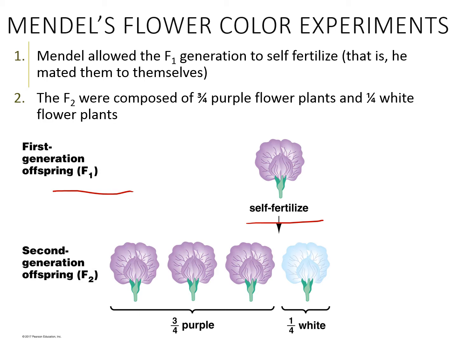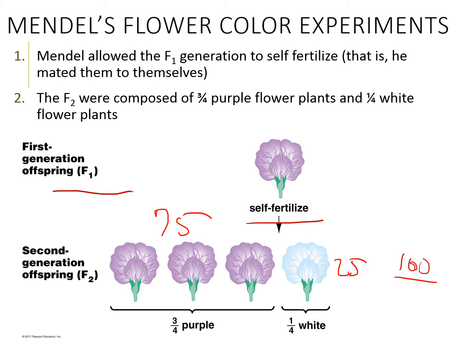So if, for example, there were 100 offspring, then his numbers would have looked something like this. Maybe sometimes he would get 20 that are white, which is close to 1/4, not exactly 1/4, and then maybe 80 that were purple, so not quite 3/4. This is actually more like a 4-to-1 ratio instead of a 3-to-1. But then he repeated it so many times that he just noticed that it was always about 75 to 25 if there was 100 offspring.